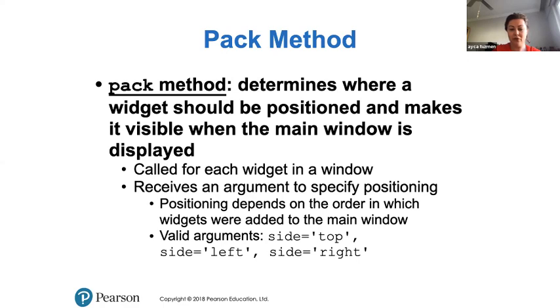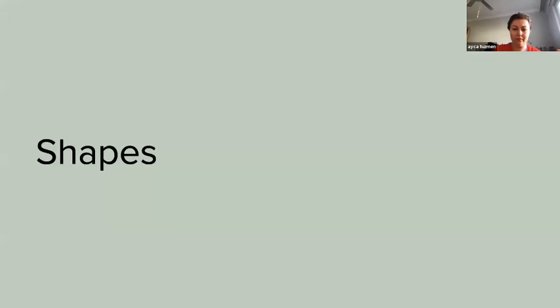I might use an option like side equal to top, left, right, meaning that everything will be packed according to that option. So after the canvas is created, you need to pack it and make sure that it's positioned and shown in the main window.